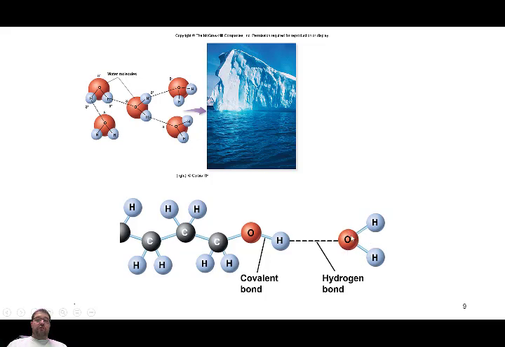But this oxygen, because it's a polar molecule, has a negative charge. And then they can form a hydrogen bond, this hydrogen to oxygen, based on charge. Okay? Not based on the sharing of electrons, but based on the charge between the two molecules. Okay? I hope that clears up the differences between the types of bonds.